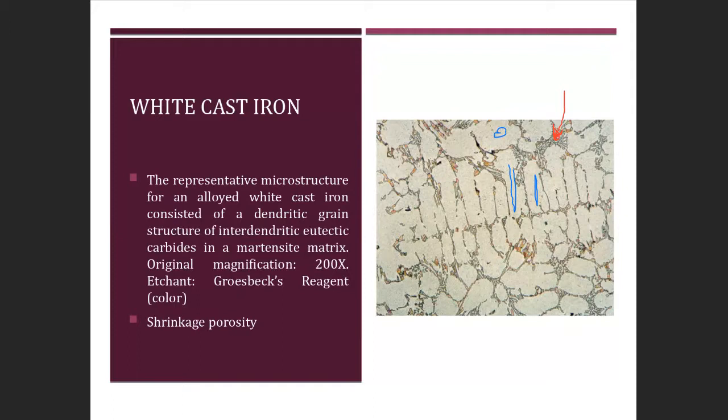It's got to cross the eutectic transformation line. So your eutectic carbides are sitting in interdendritic locations. Okay, this was color etched just to help bring out the color of the carbides, because typically when you etch, carbides do not bring out a color.